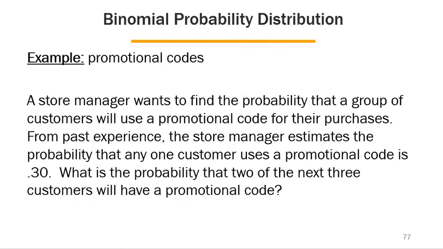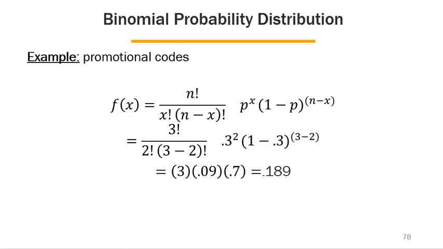Now, then, to punch this in and get an answer out here, we've just got the formula again, and you see there the N is 3, the X is 2, and the probability is 0.3.